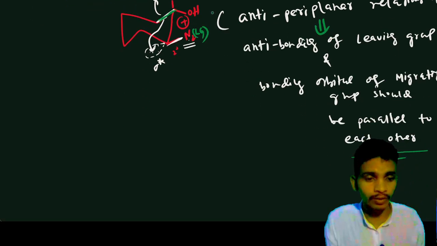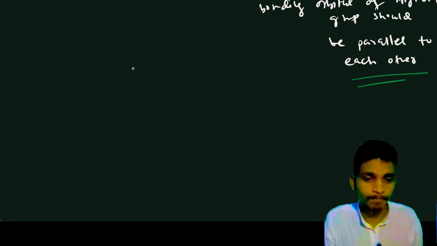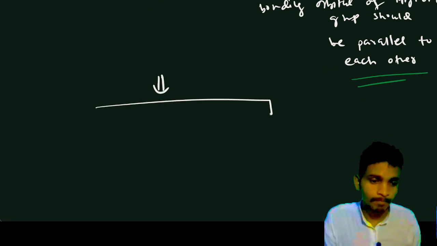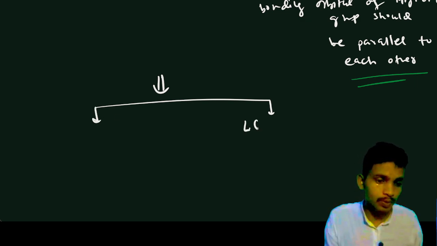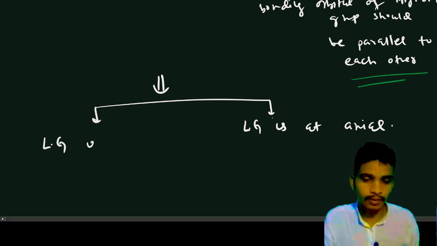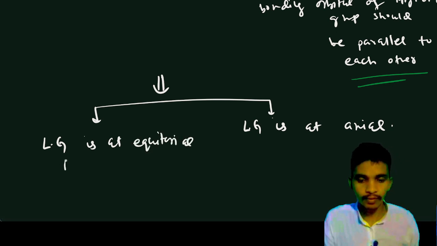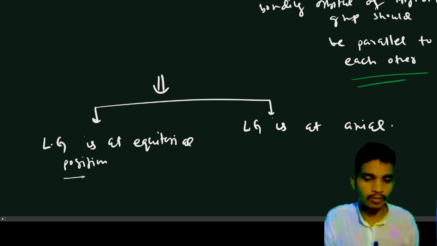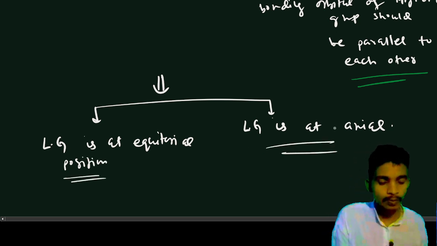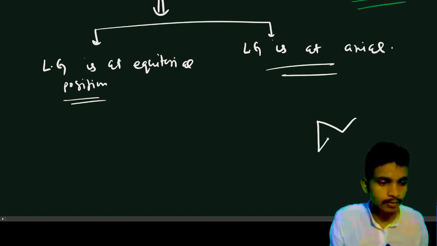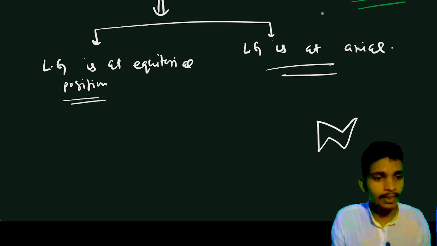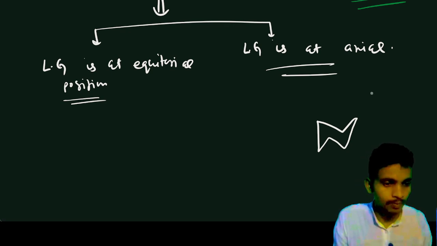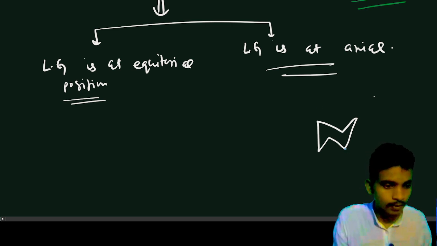So two things are possible. Let's say the leaving group is at an axial position, or the leaving group is at an equatorial position. If the leaving group is axial, it means the leaving group is here.